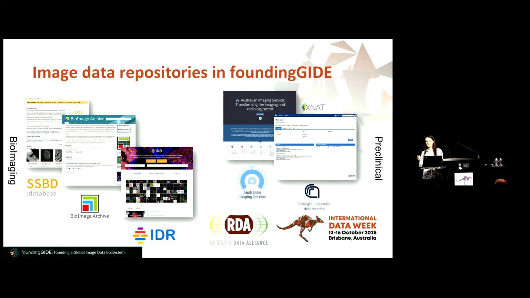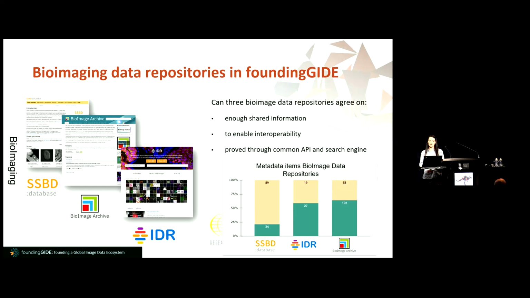And then on the preclinical side, our partners are from Australian Imaging Service and from Italy, the CNR. But today, I will focus on the bioimaging data repositories in FAIR-GIDE, which are the SSBD, BioImage Archive, and IDR.